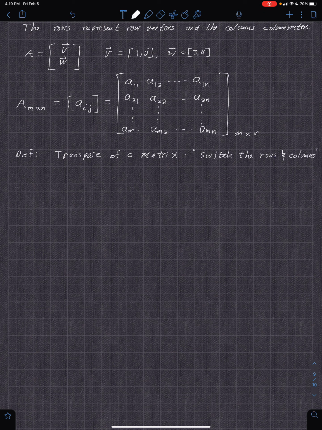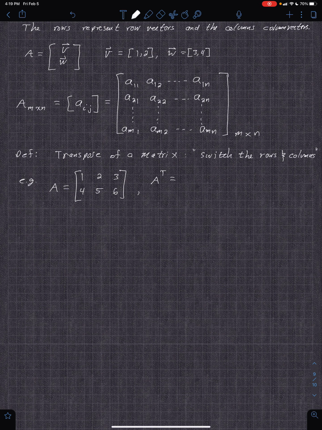So for example, you have the matrix A: 1, 2, 3, 4, 5, 6. And so the transpose would actually make that a different size matrix. So A transpose is equal to, and so you're switching rows and columns.